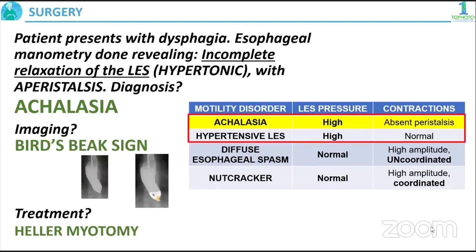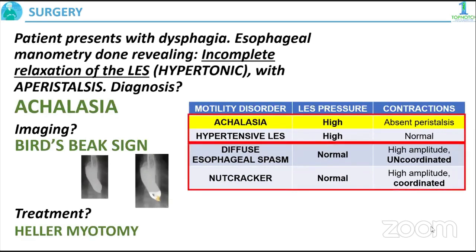So let's group them together. Next, for normal LES pressure, we have your diffuse esophageal spasm and nutcrackers. LES, by the way, is lower esophageal sphincter, the one just before the stomach, right? If it's high, it's either achalasia or hypertensive LES. Okay. The way I remember this is that in hypertensive LES, the LES is hypertensive, but it's just that.